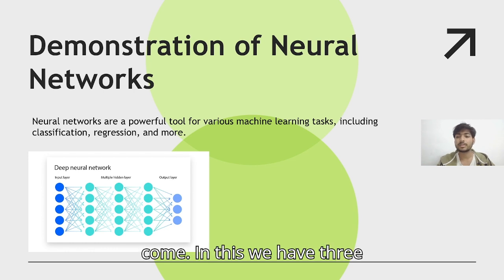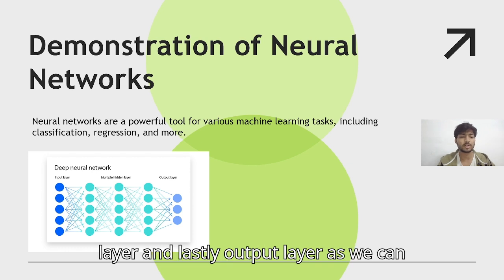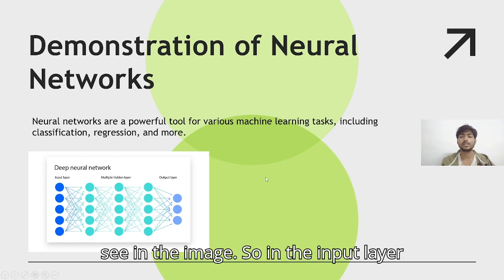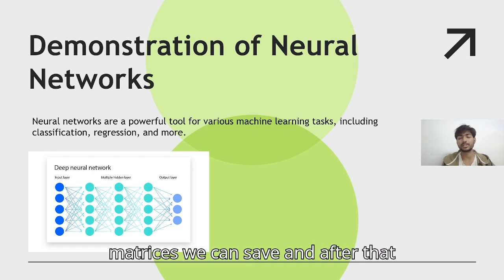In this we have three layers: basically an input layer, a hidden layer, and lastly an output layer, as we can see in the image. The input layer receives n by n pixel images as input, so we have n by n matrices, we can say.